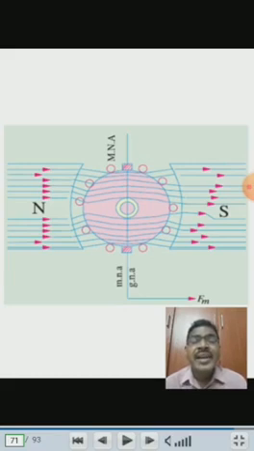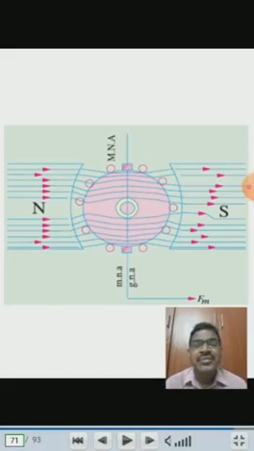With respect to the magnetic neutral axis, some conductors are under the influence of north pole, and the remaining conductors are under the influence of south pole, right? So in this diagram, the flux distribution is uniform.